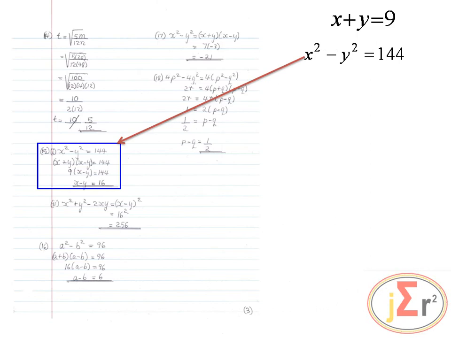Now that we know that a difference of two squares has factors of the form something plus something, something minus something, we may go straight ahead and factorize the difference of two squares.